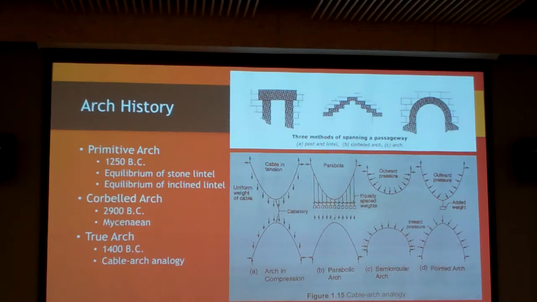Or the same shape would be if we had a wall or a ceiling above it, an extra weight, like this parabolic arch. But if we do an equal outward pressure on a cable, and we invert that, it makes the arch a semicircular arch, like shown.